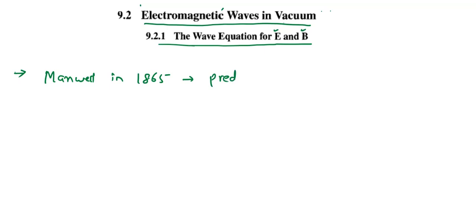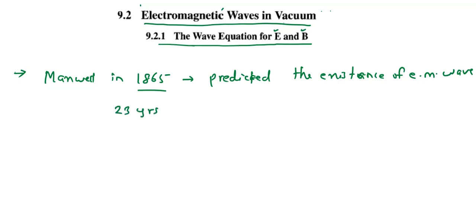Though Maxwell predicted the existence of the EM waves in 1865, we had to wait another 23 years for the experimental confirmation of the existence of EM wave.